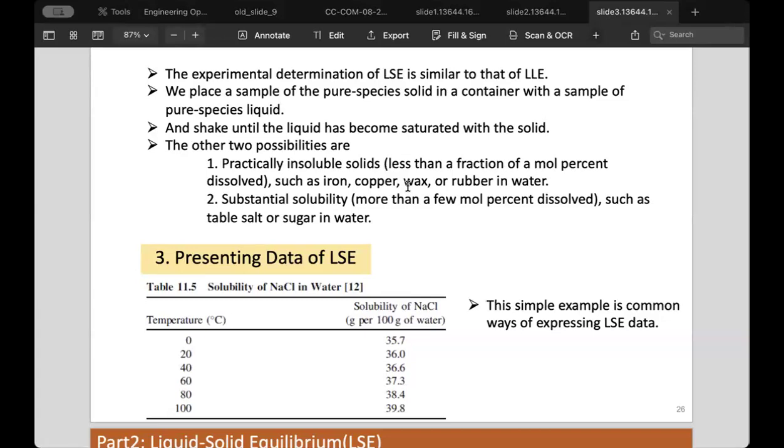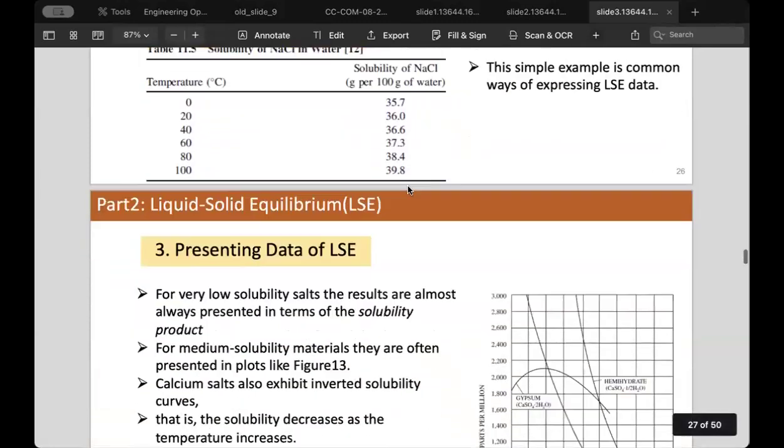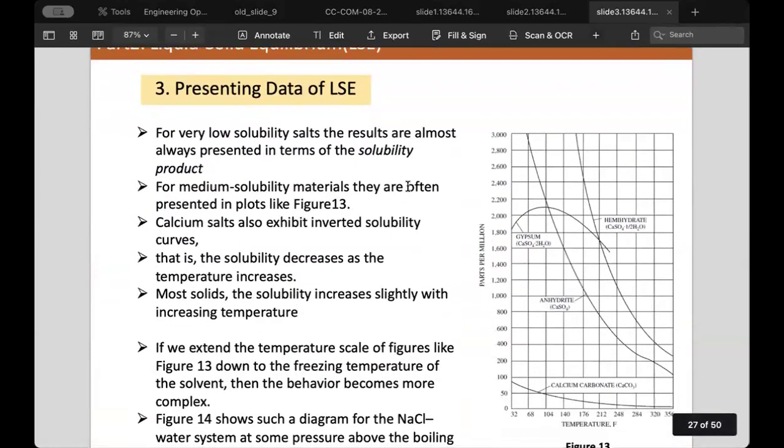My question is, is it always true? For any component, always true like this? Increase temperature, then solubility increases? Yes? Really? It depends. No. Not all salts have the same behavior. The very common one is calcium salt.